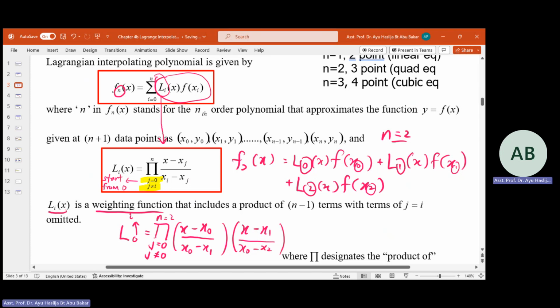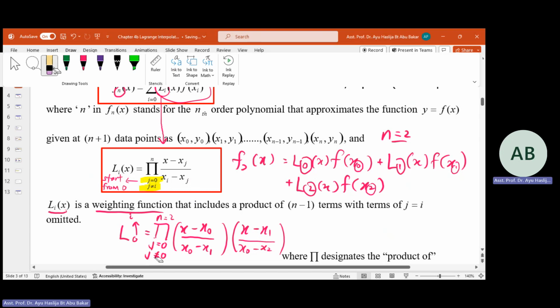Wait, let me confirm the values. Okay, sorry, I made a mistake over here.